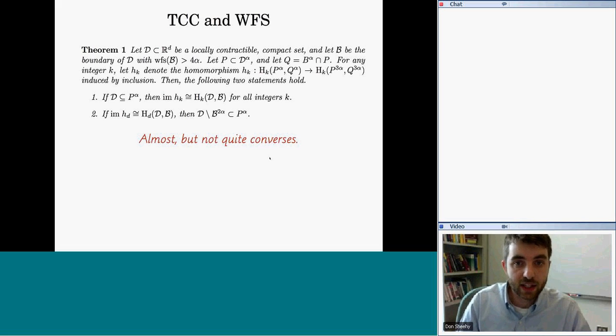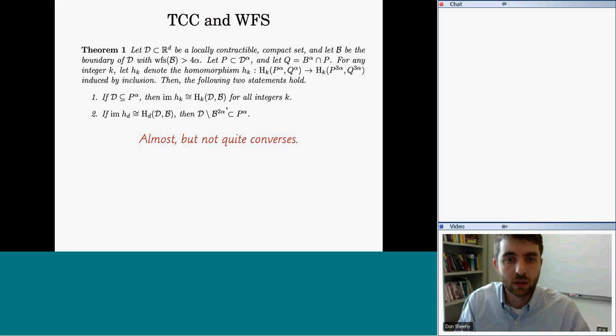For any integer k, we let hk be this homomorphism: the homomorphism induced on k-dimensional homology by the inclusion of P alpha minus Q alpha into P3 alpha minus Q3 alpha. Now, the two statements. First, if D is a subset of P alpha, that is, D is completely covered by P alpha, then just by looking at the image, you can actually infer the homology of (D, B).